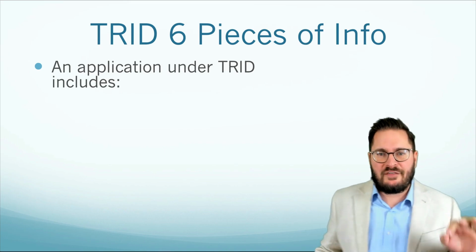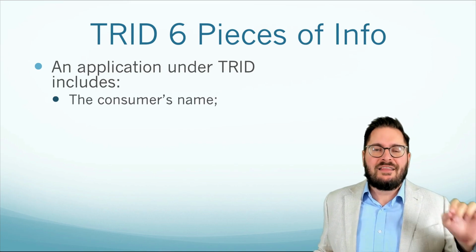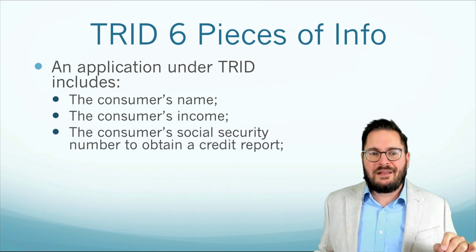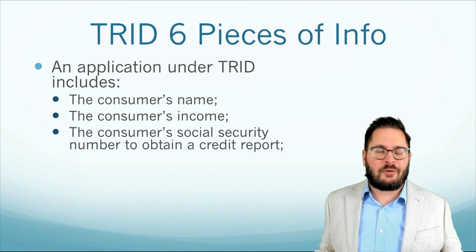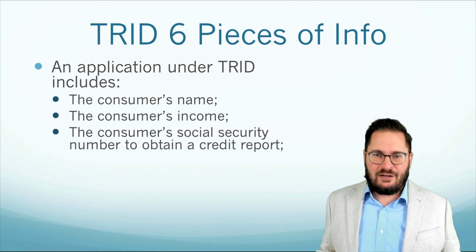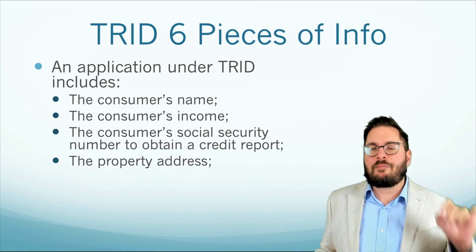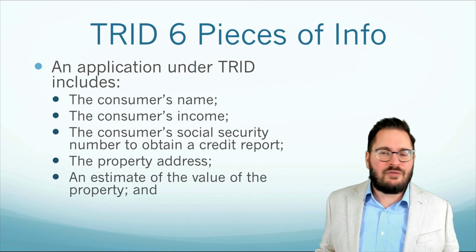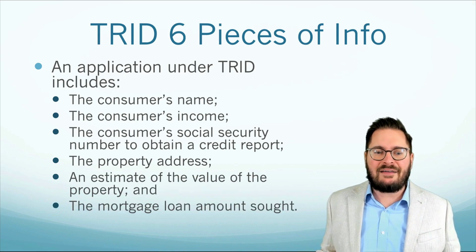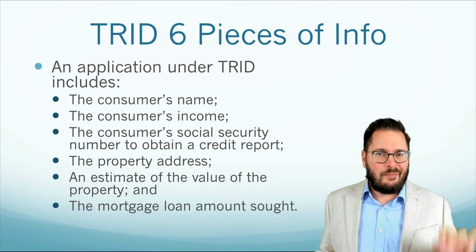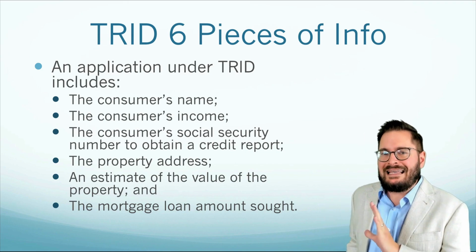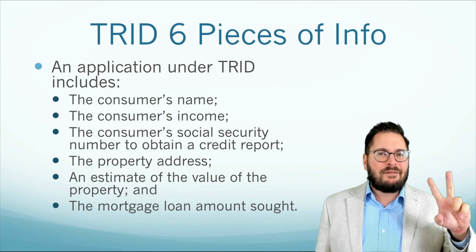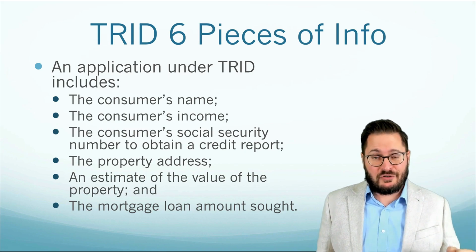So the 6 pieces of information include: number 1, the consumer's name; number 2, the consumer's income; number 3, the consumer's social security number in order to obtain a credit report; number 4, the property address; number 5, an estimate of the value of the property; and then number 6, the mortgage loan amount sought. So these 6 pieces of information constitute an application by definition under TRID.